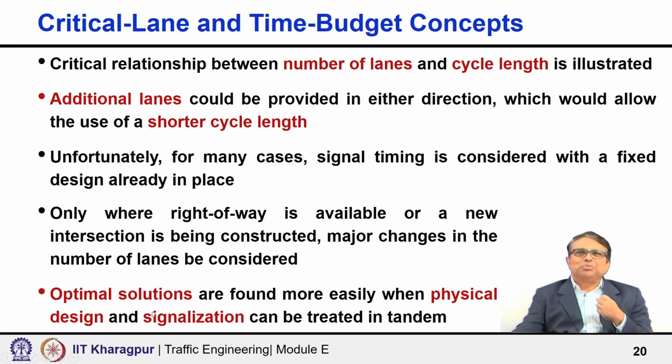And finally, optimal solutions are found more easily when physical design and signalization are treated together. That is a very important point. Wherever there is an opportunity, physical infrastructure intervention and signalization together can produce better results. Of course, it may not always be possible to have physical design changes.